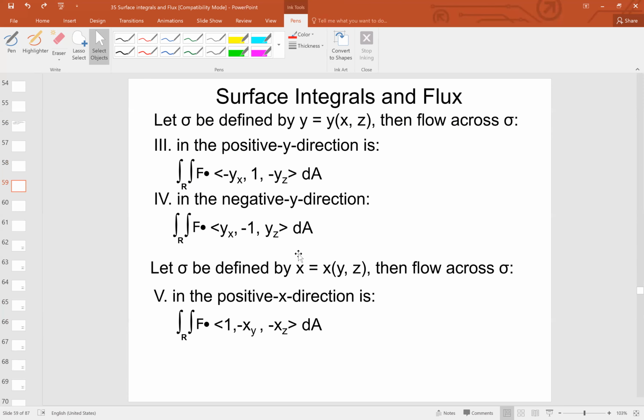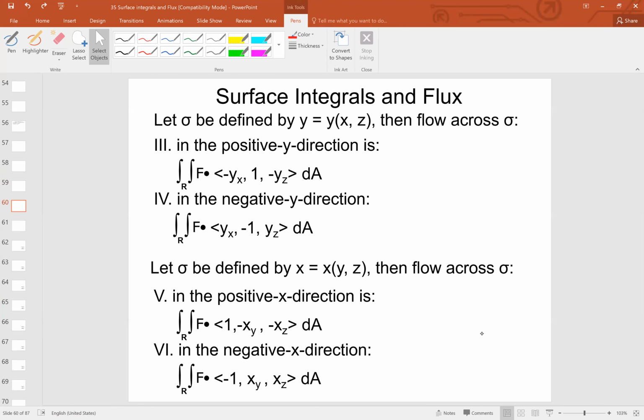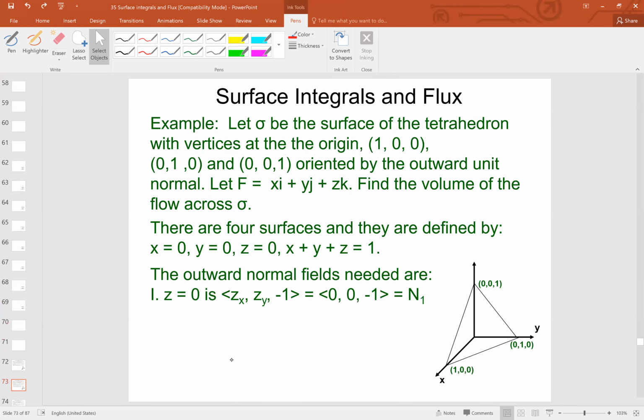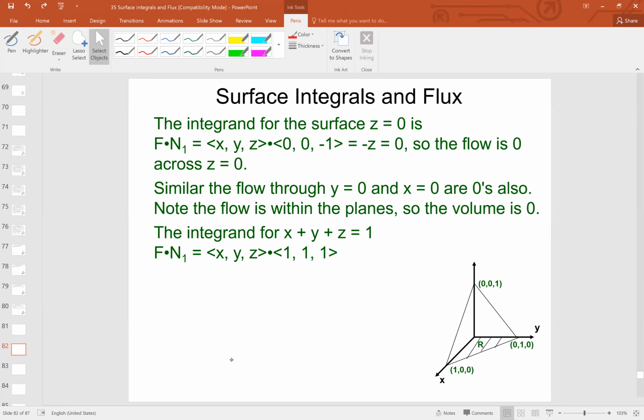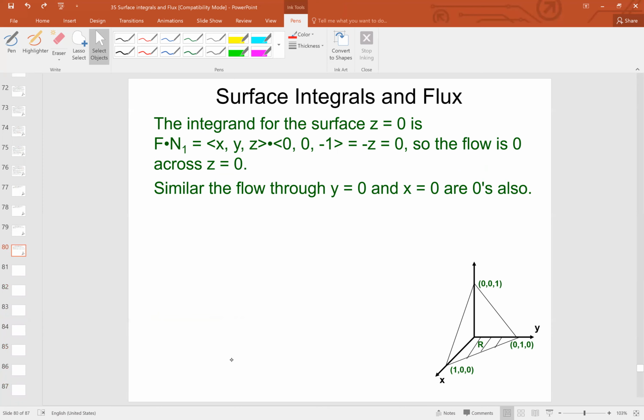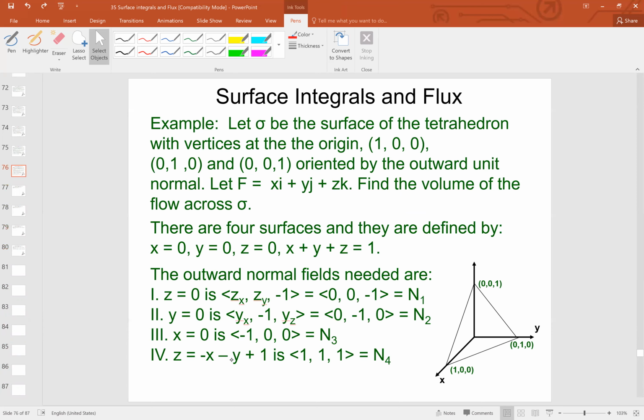In the positive x direction, you will have the partials with respect to y and z, and then the x variable is positive, pointing the same as the positive x direction, and the negative x direction points the same as the negative direction of x. And you have to apply them to these different orientations in this problem, of what it means to be outward.